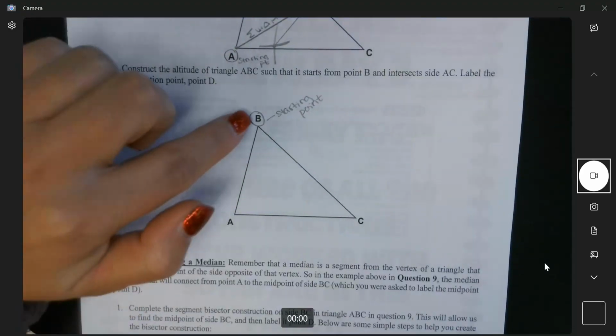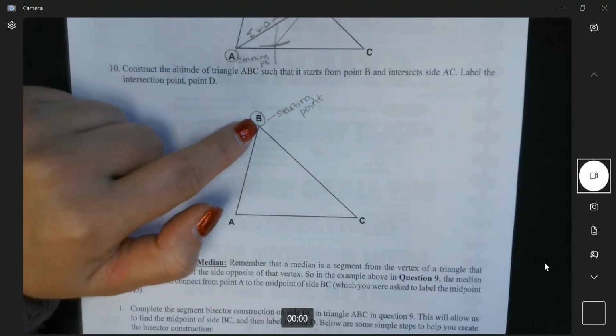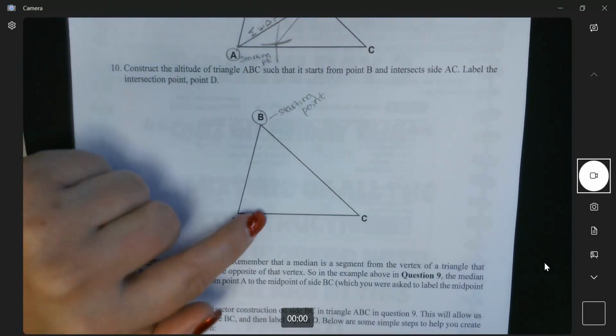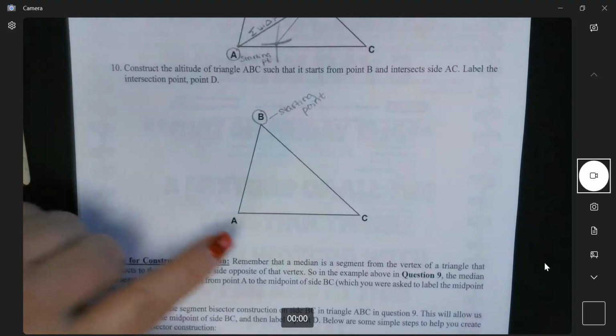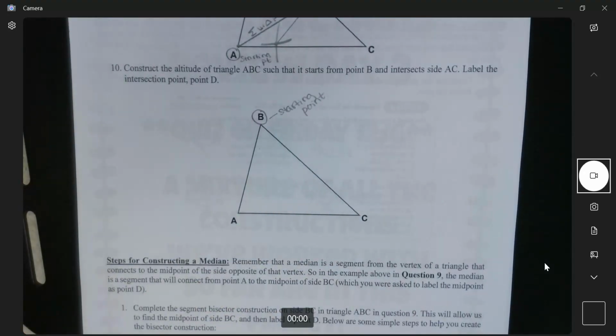This one here, you start at a vertex and it just goes straight down and it's perpendicular to the opposite side. So it's not connecting to a midpoint, it's just perpendicular. So you can treat this as the perpendicular line through a point off the line construction.